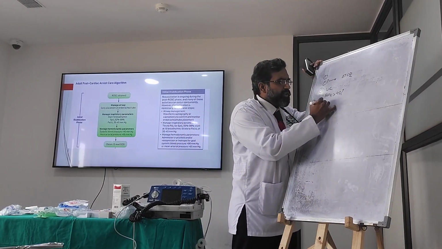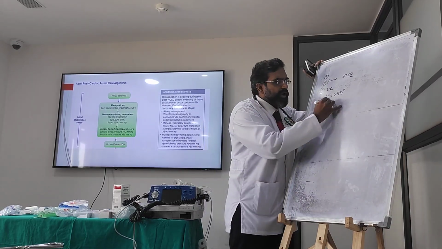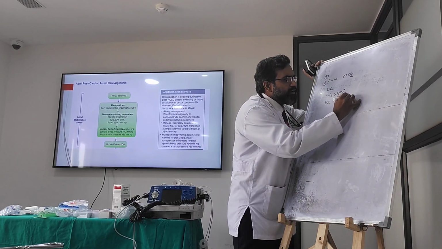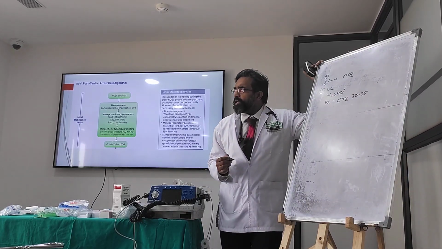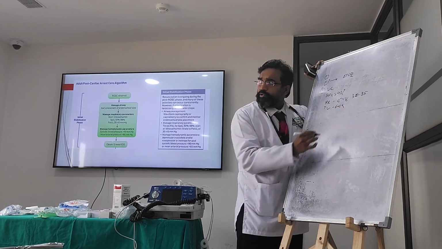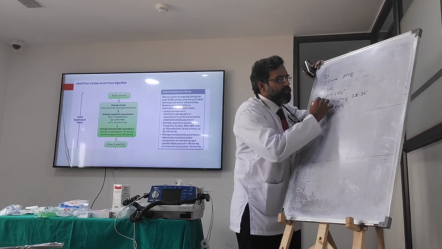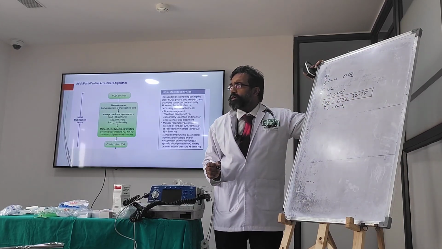Important. What do I do with the respiratory rate? I keep the respiratory rate in such a way that my ETCO2 is between 30 to 35. Tidal volume will always be at 6 ml per kilogram, but I'll keep my RR so that my ETCO2 remains between 30 and 35. What does this imply?